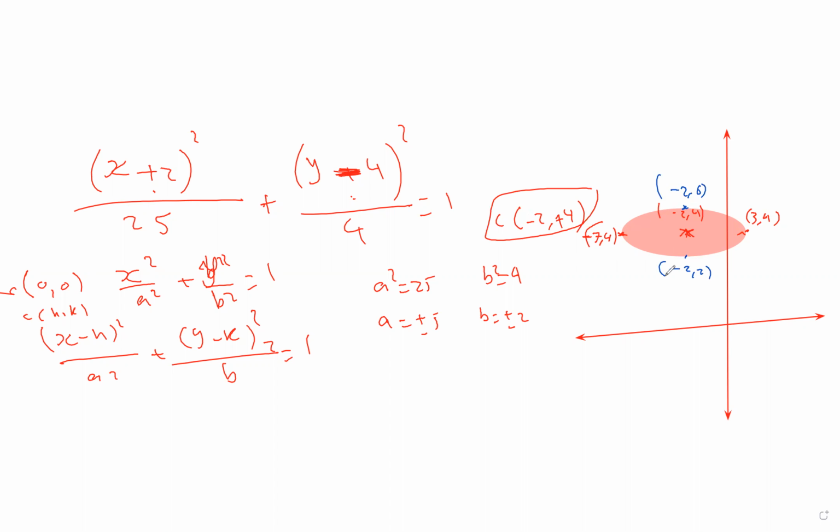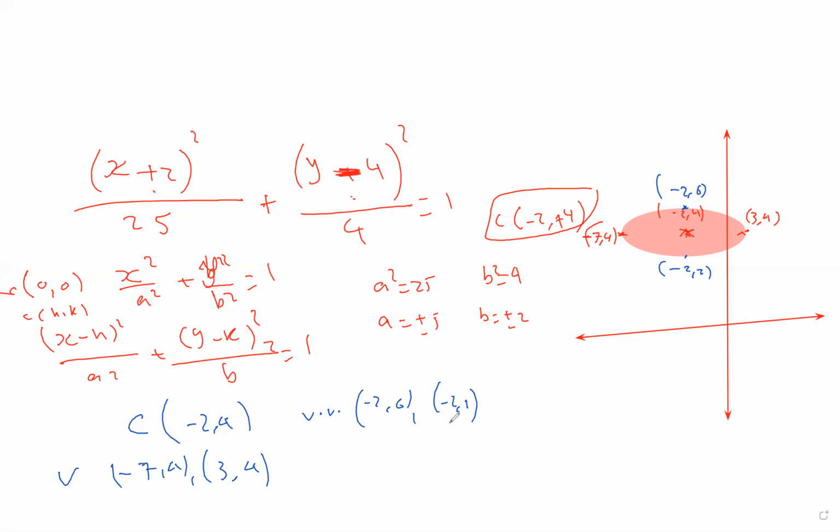What about the focus, or the foci? First of all, the center is (−2, −4). The vertices will be at (−7, −4) and (3, −4). The vertical vertices will be at (−2, −2) and (−2, −6).